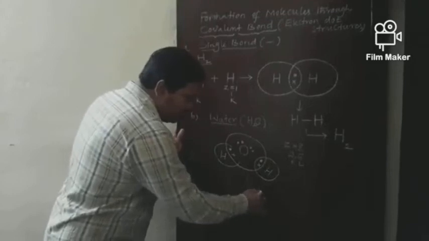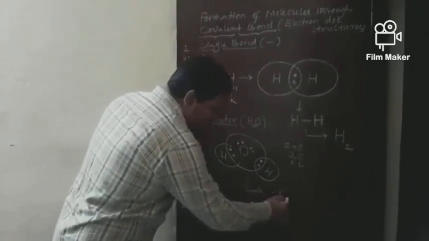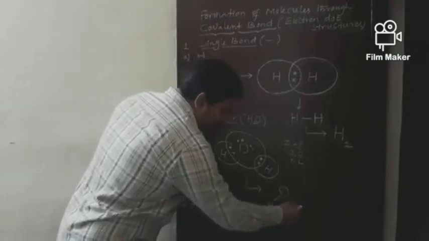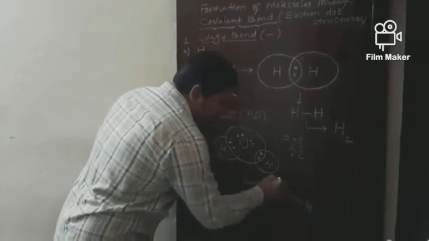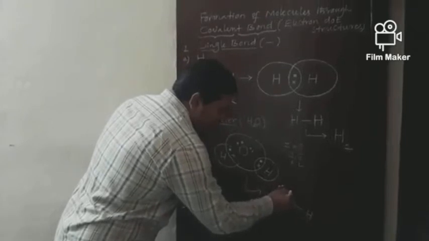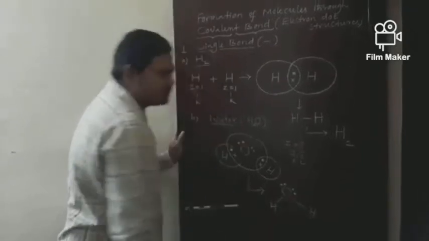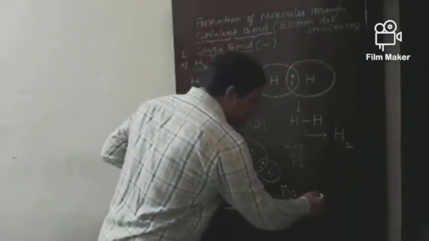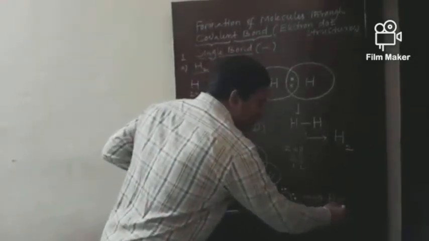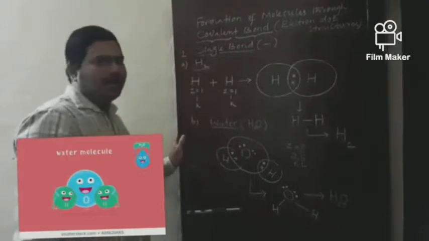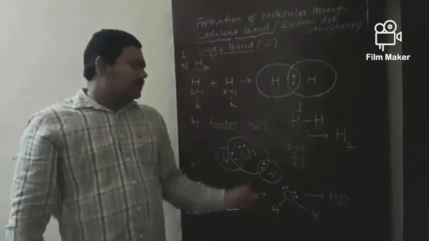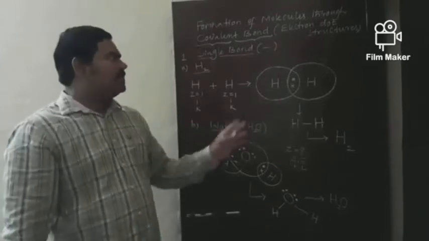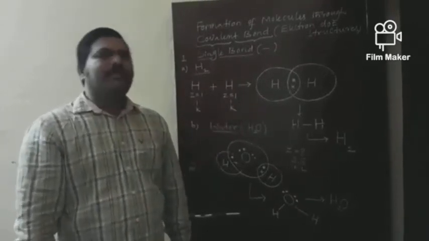After this bond formation, the structure would be like this: O with single bonds to hydrogen, with 2 lone pairs of electrons on oxygen. Okay, and ultimately this led to the formation of H2O. That means water. So these are the 2 examples which I explained under single covalent bond.